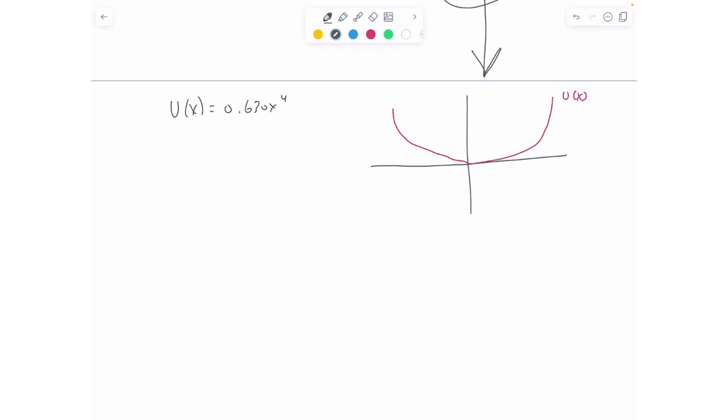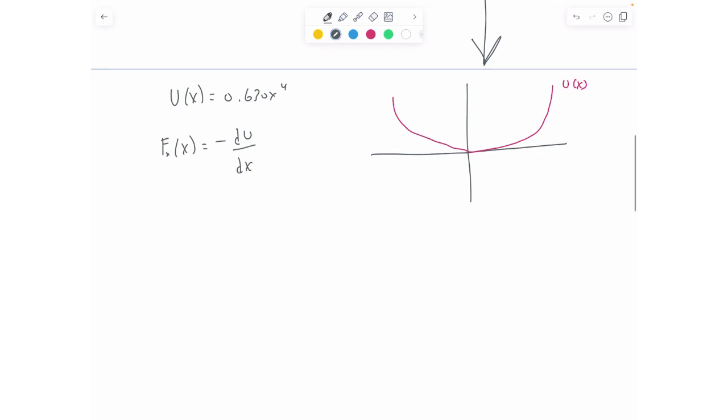Now, what I want to do is find the force. Remember, I want to find the force in the x direction as a function of x, which is equal to the negative gradient, which is dU/dx. So basically, I just need to find the derivative of this function. So d/dx of 0.630 x to the fourth.